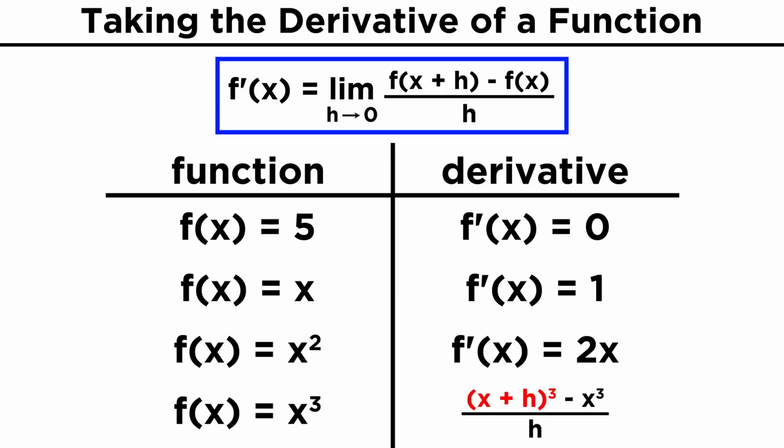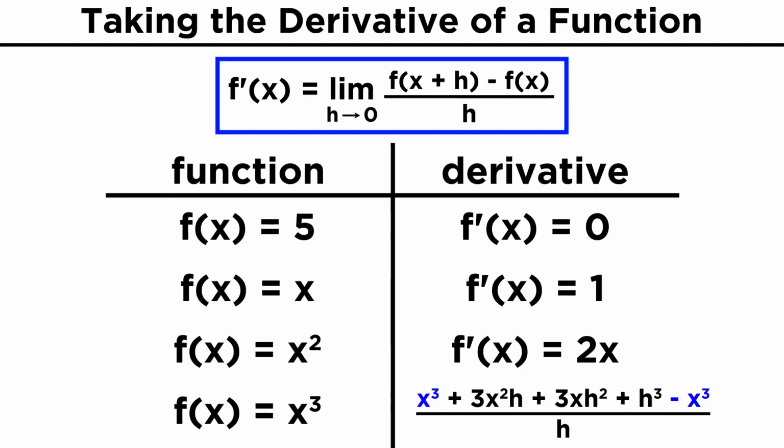Now we have x plus h quantity cubed minus x cubed. We should know how to cube this binomial by FOILing two of them and then multiplying the result across the third binomial. But for the sake of time, let's just show that this will be x cubed plus 3x squared h plus 3xh squared plus h cubed.